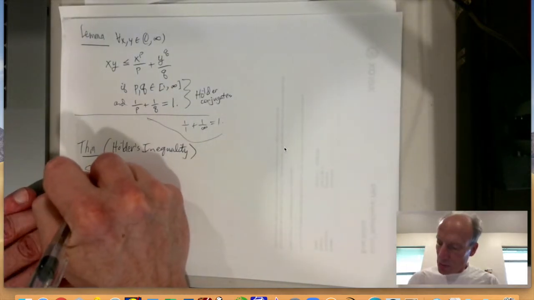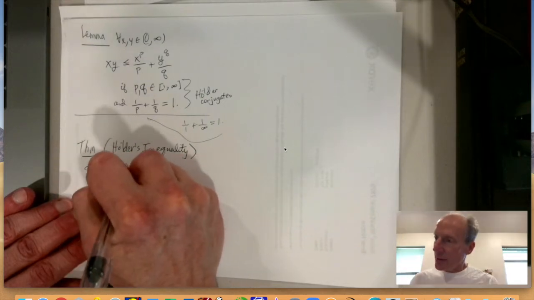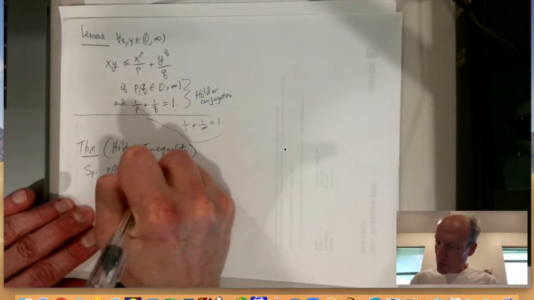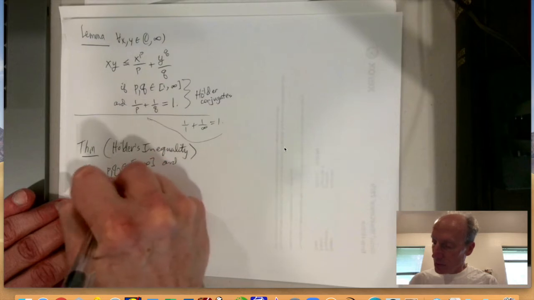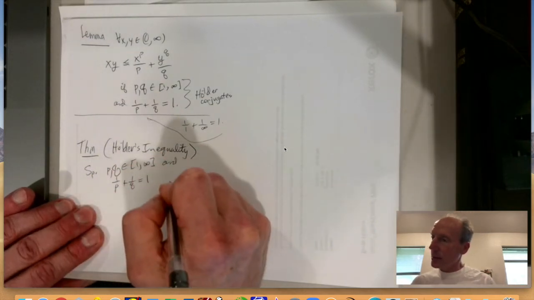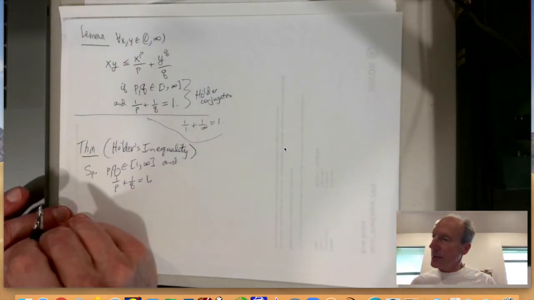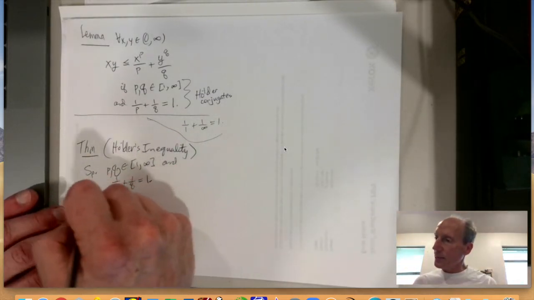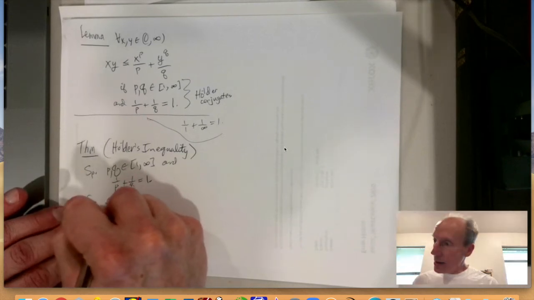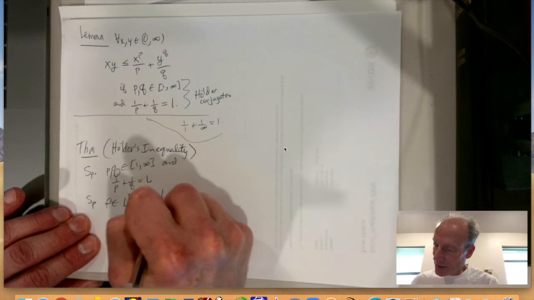So suppose p and q are again in [1, infinity], and 1/p plus 1/q equals 1. So they're Hölder conjugates. Then suppose f is in L^p and g is in L^q.